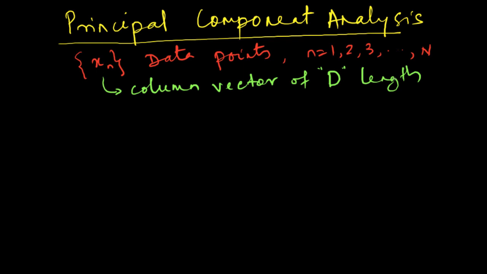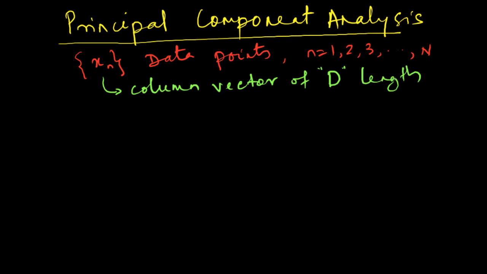Here please don't get confused between the notation of the previous video and this one. In the previous video, x1 and x2 were two different features or two different dimensions of your problem. Here we are using xn, the subscript n, to denote different data points.